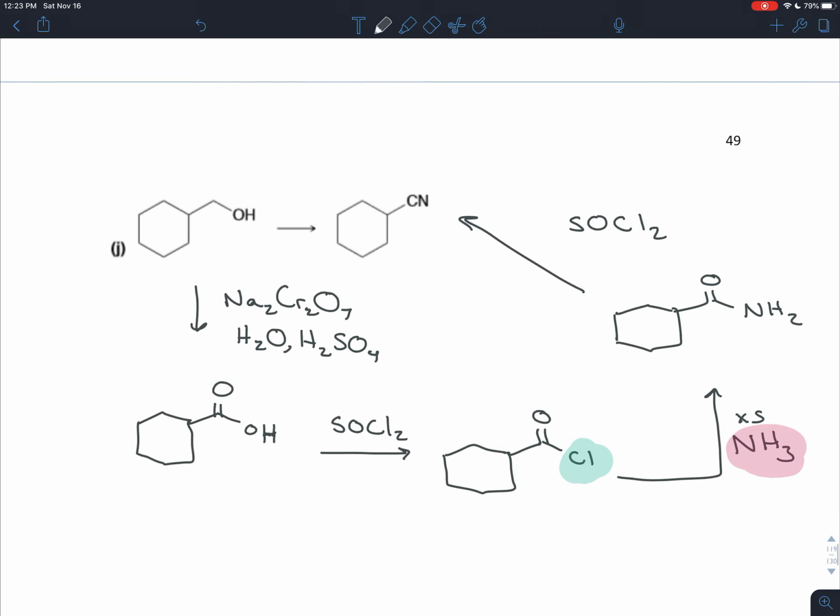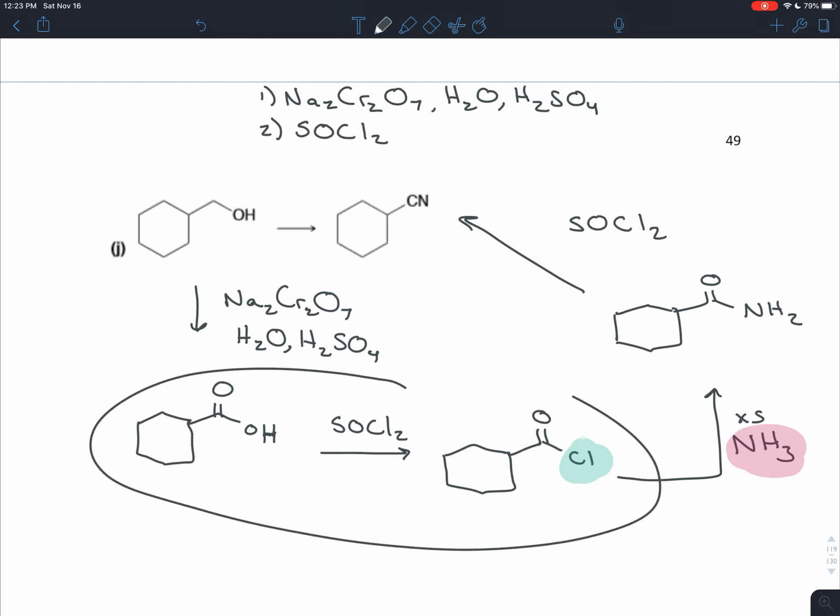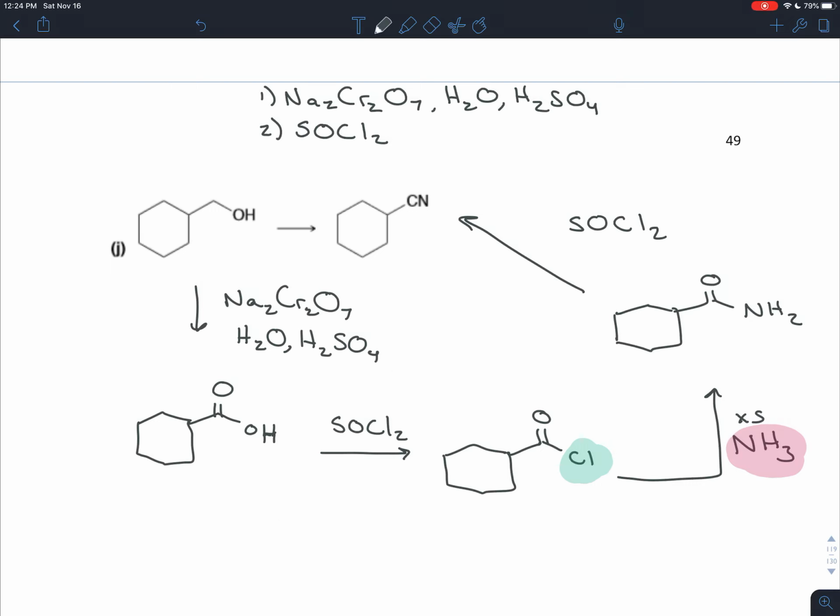So overall, our recipe in J is first to use a strong oxidation with sodium dichromate, Na2Cr2O7, mixed with water and sulfuric acid. That will turn this alcohol into a carboxylic acid. Once we have the carboxylic acid, we can use thionyl chloride to turn it into an acid chloride. Once we have that, we can get the nitrogen on the molecule.